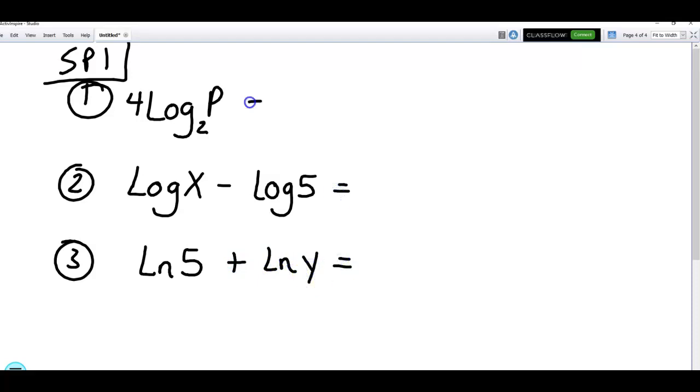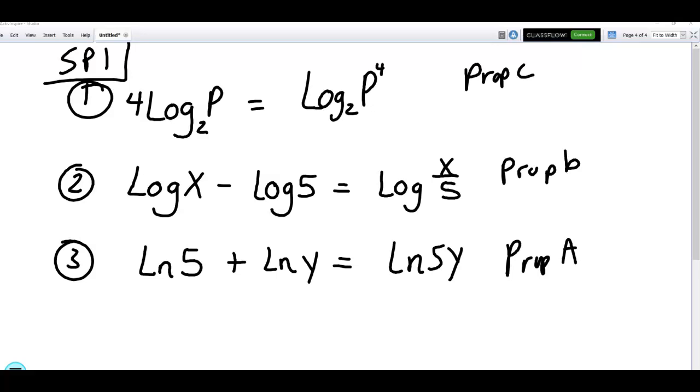All right, see if you guys can rewrite these using the properties. So you have to think about what property applies and then use it, okay? Just to review real quick because we are going into the next level up. You have to be able to recognize when to use these properties. Property C is when you have a number in the front like that.